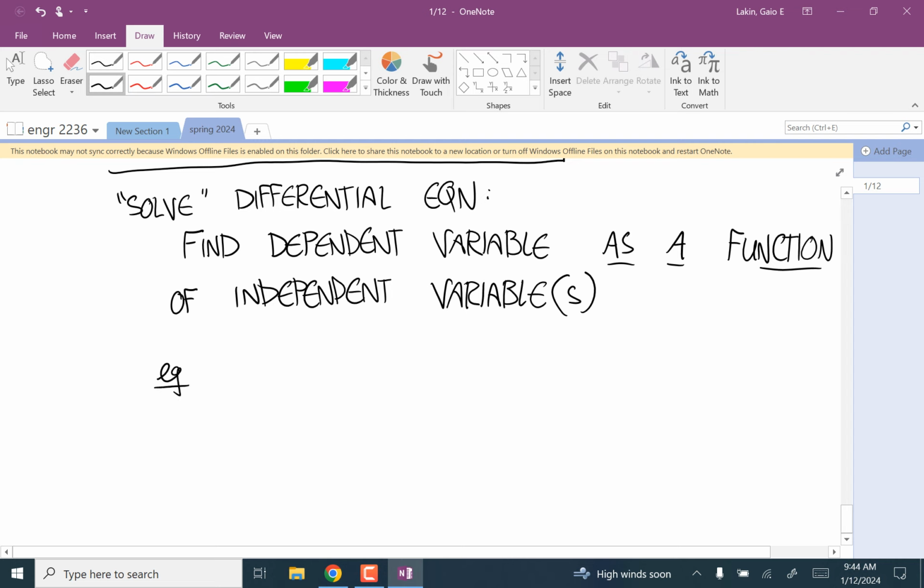So let me give an example. If you have an equation, y double prime plus 10y prime plus y prime times y squared is equal to 50x, okay?